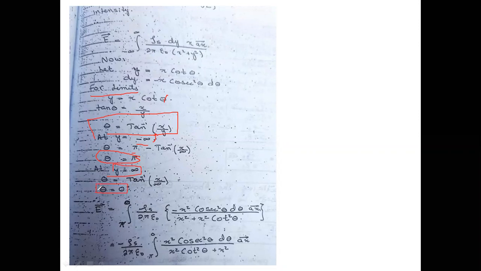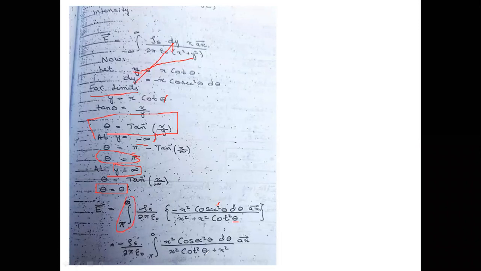So the same limits as we achieved from the infinite line charges, pi to 0. Now replacing the value of y and dy, the whole function is transformed in terms of theta, and these are the limits of theta.